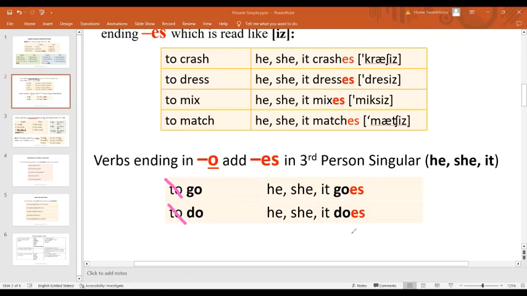For example, we have the verb go. In third person singular, we add es and we get he, she, it goes. You can also see there is no "to". You can also look at the table we did before, and it had the same rule. There is no "to" in the sentence.